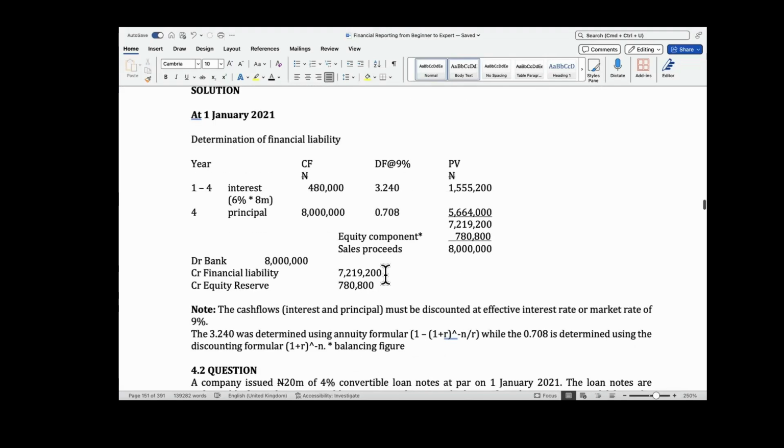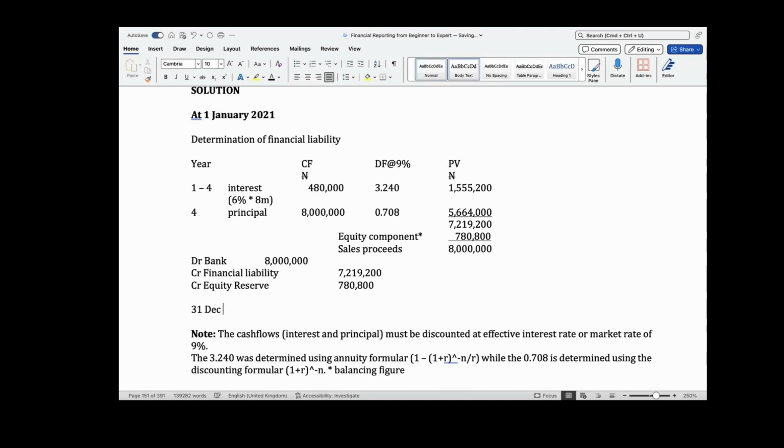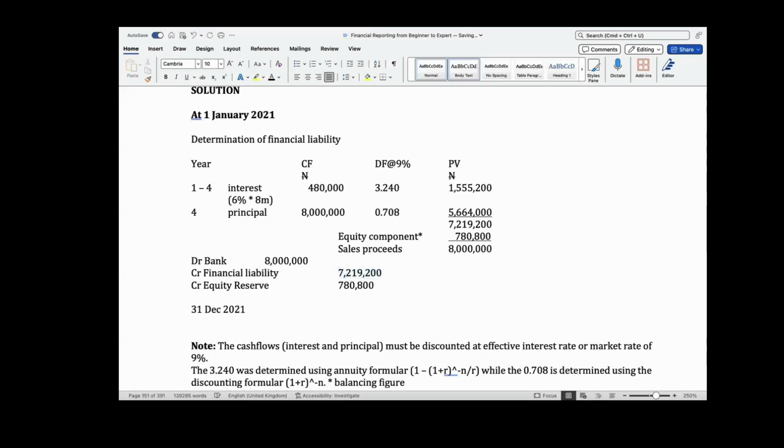Now, I need to mention this. Let me just wrap it up. You see, at the end of the first year, which is 31st December 2021, your reserve remains your reserve, but your liability will not remain 7,219,200 at the end of the year because it will earn interest.